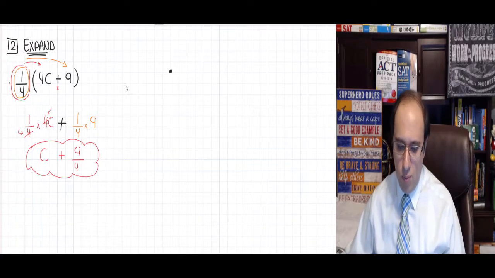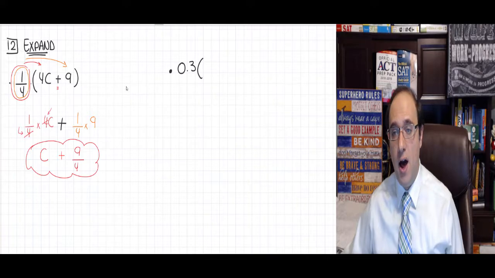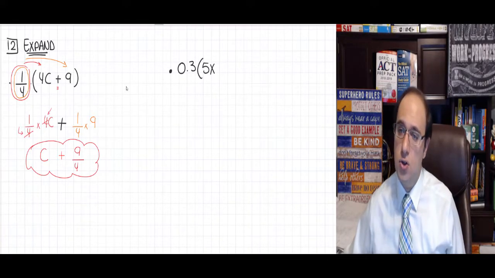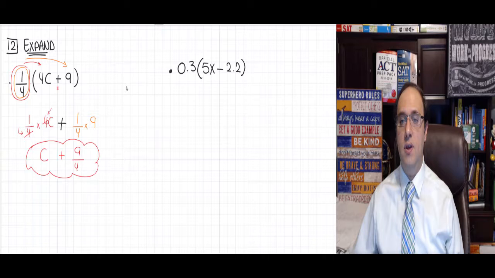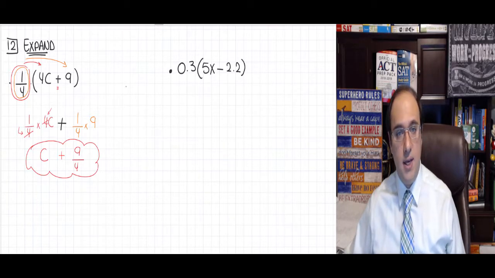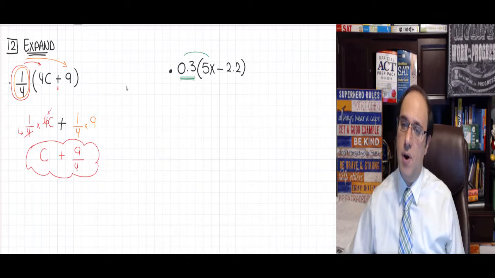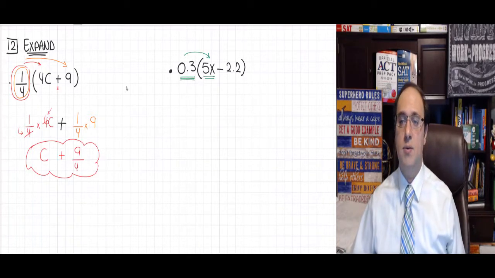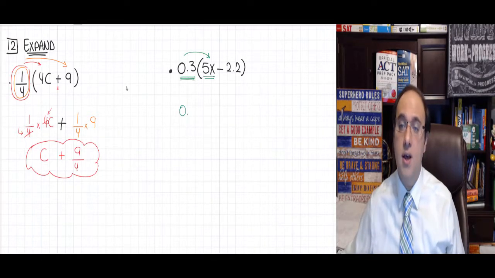Let's see. 0.3 times (5x minus 2.2). I want you to expand. Okay, here's what we do. We're going to take this number first, multiply it by this term right here. 0.3 times 5x.